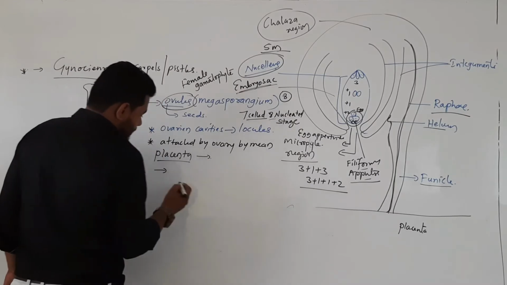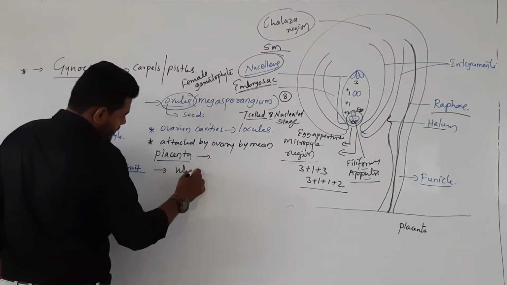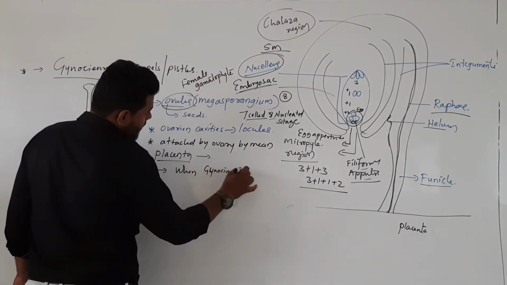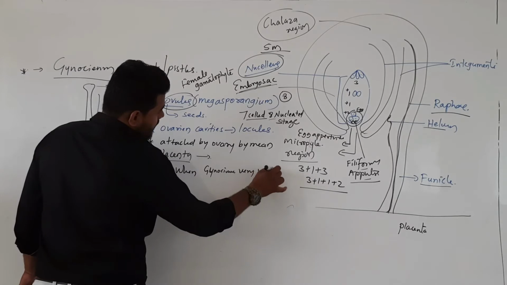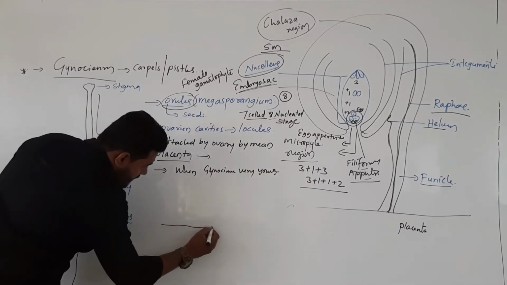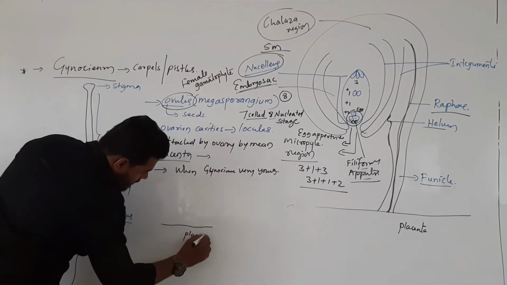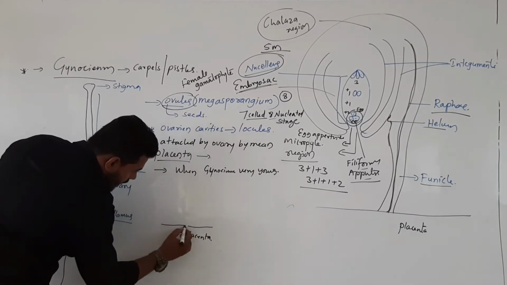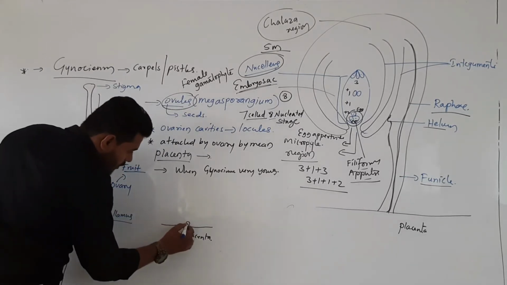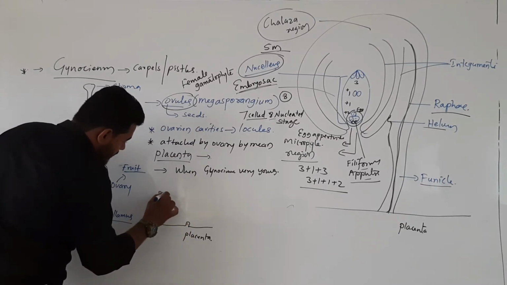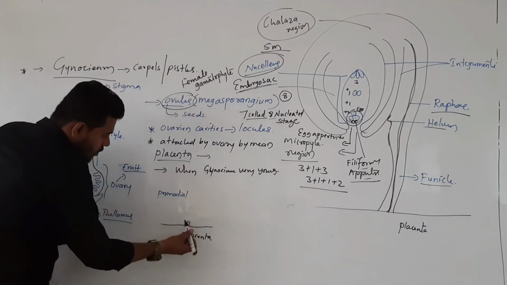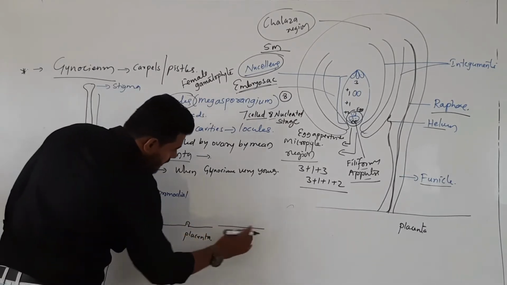When these gynoecium or pistils are very young, consider this is the placenta. There is an outgrowth in the placenta, and this outgrowth acts as a primordium.